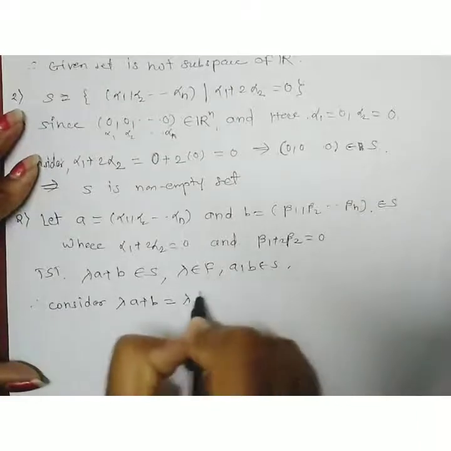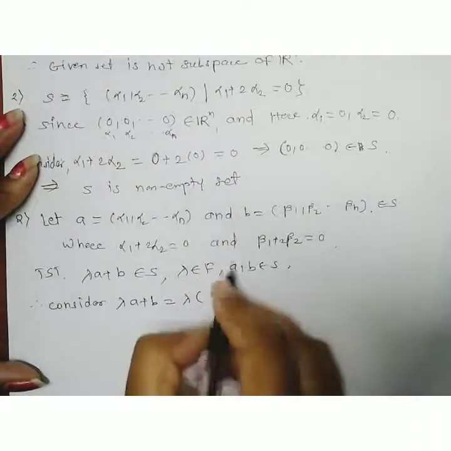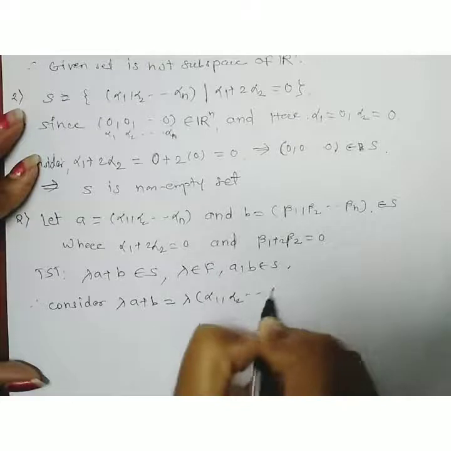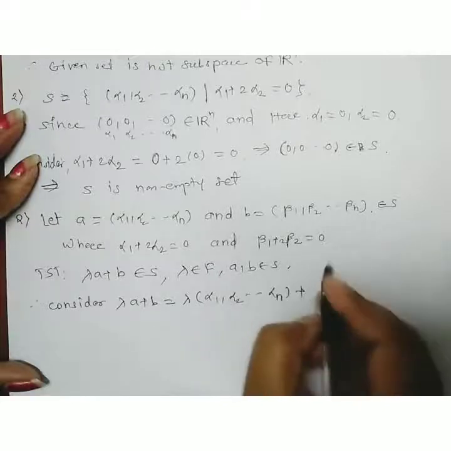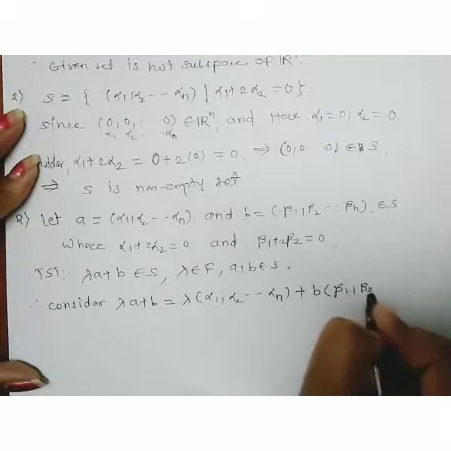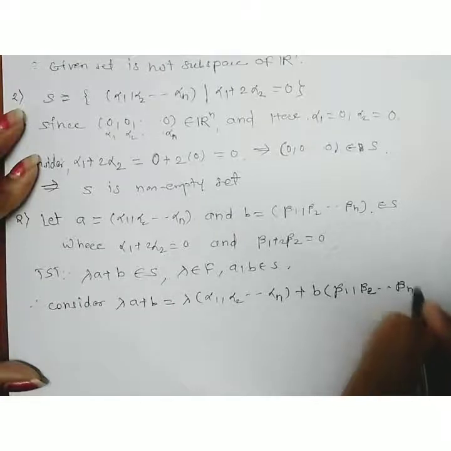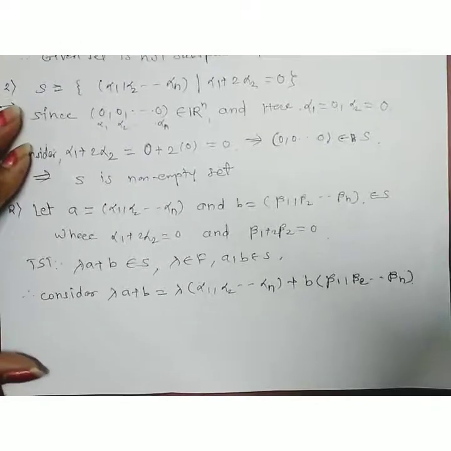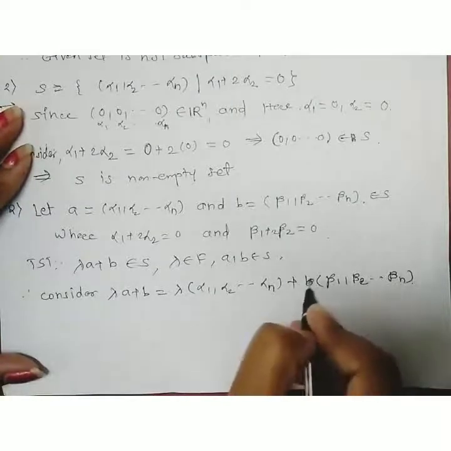This is equal to lambda of A, which is alpha 1, alpha 2 up to alpha n, plus B, which is beta 1, beta 2 up to beta n.